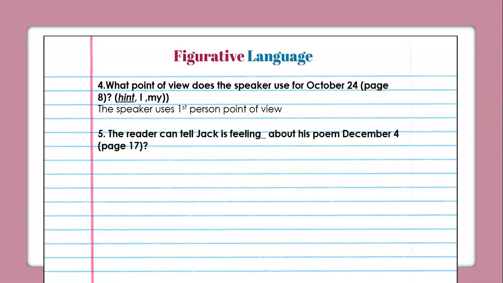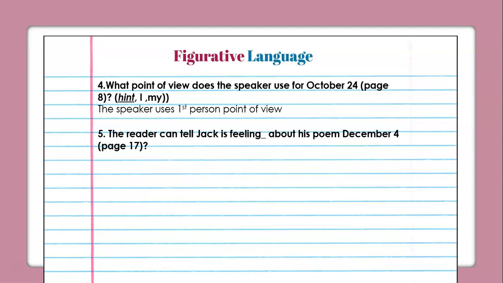Remember, once you're finished copying the question, yes, you may go back and reread the book. And then you can write your answer. You can always write your answer, and then once we share, you can check it off with your red pen. You have 1 minute 45 seconds.